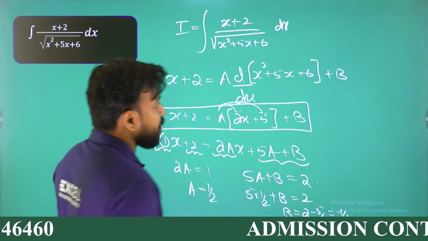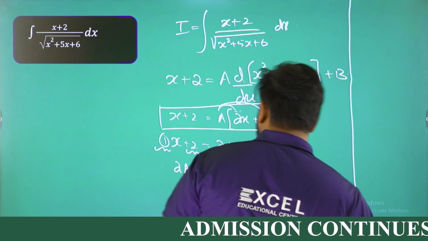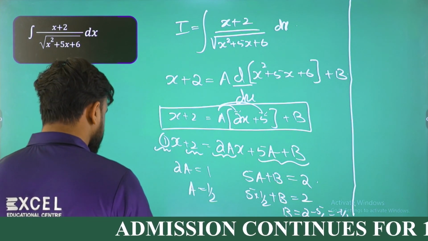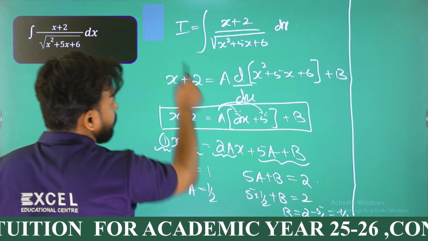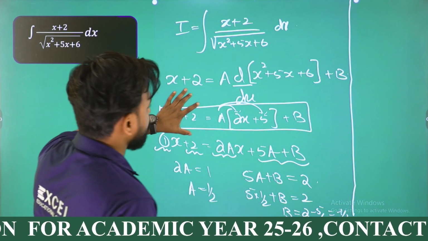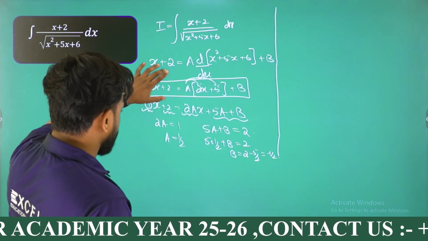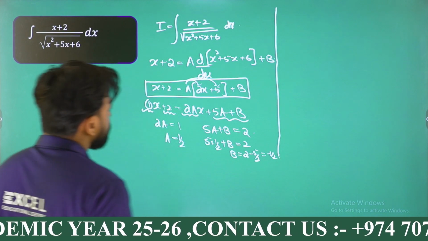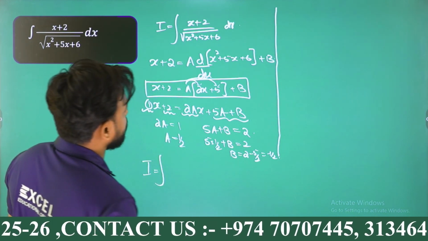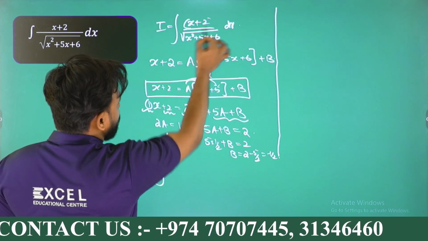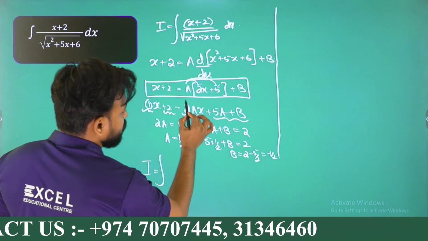So we got a and b. Now we are going to integrate. So I is equal to the integral, and instead of this numerator x plus 2, I use this one.